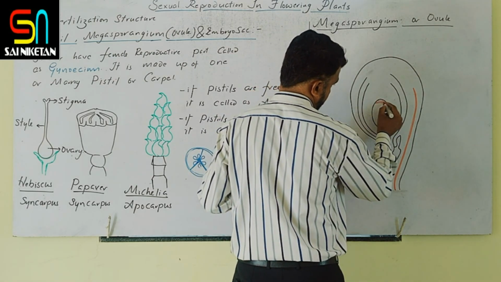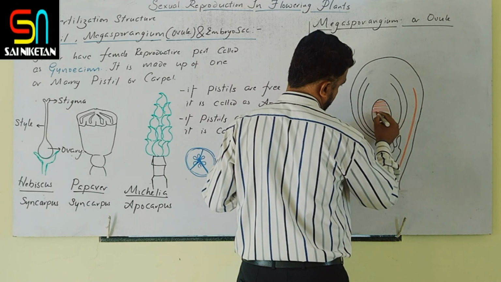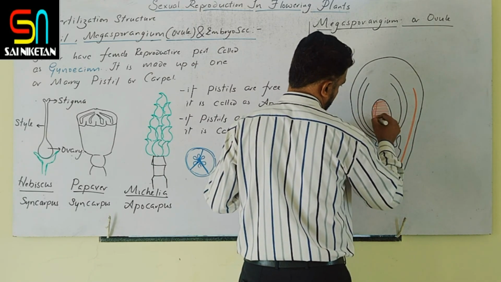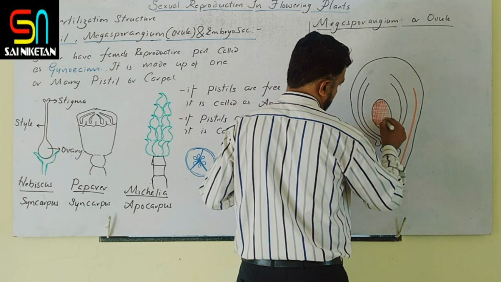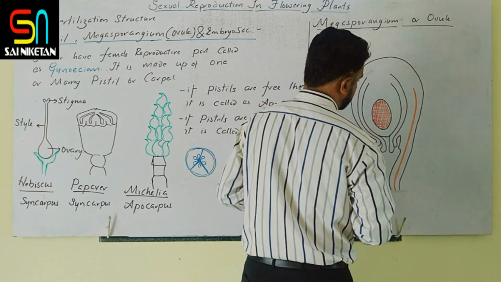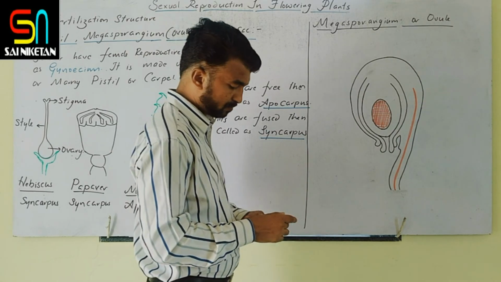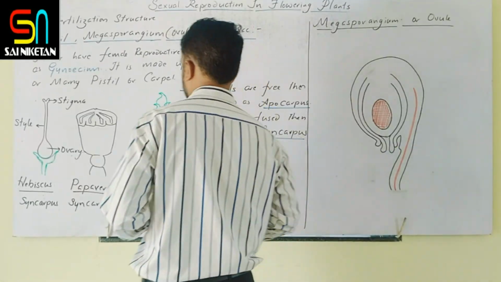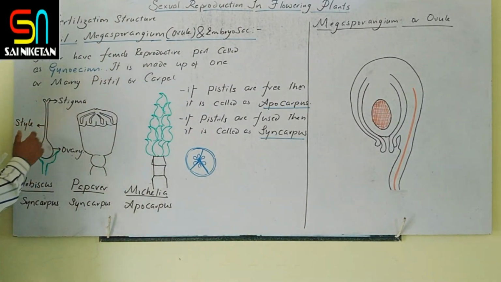So I will differentiate with color. So this is the ovule. Now with the labels we will discuss. So this ovule is inside this ovary, simplified, actually the hibiscus ovule looks like this.